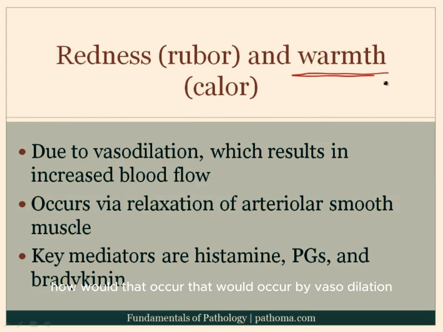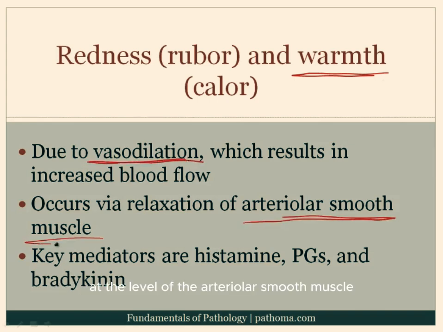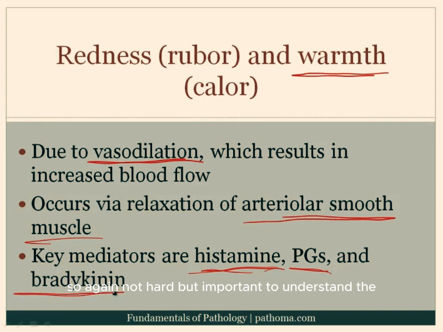That would occur by vasodilation at the level of the arteriolar smooth muscle, and the key mediators are again going to be histamine, which is number one, and then prostaglandins, in particular prostaglandin I2, D2, and E2, and bradykinin. So again, not hard, but important to understand the basis of what we're going to see clinically.